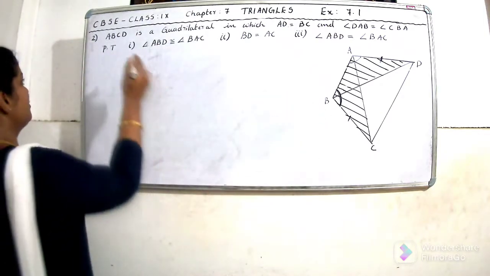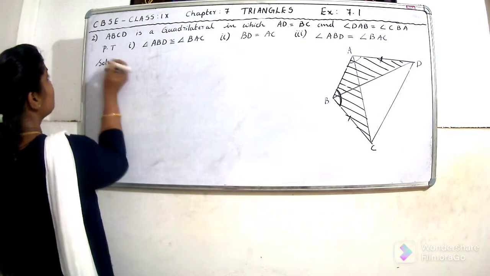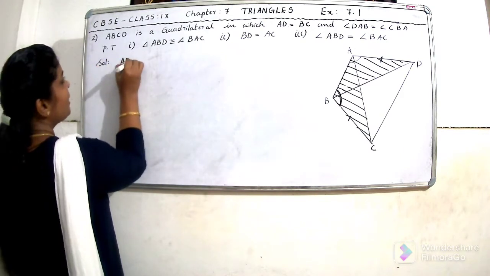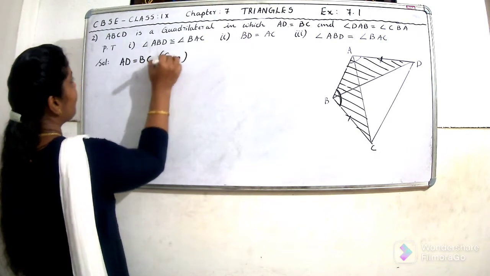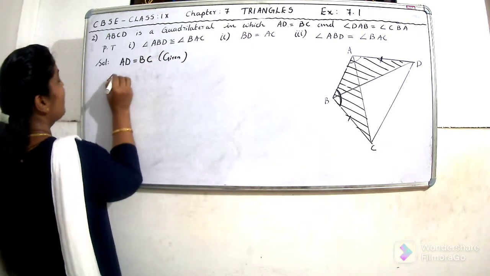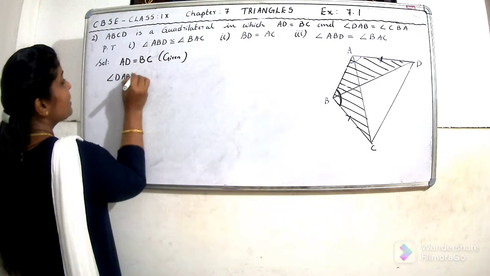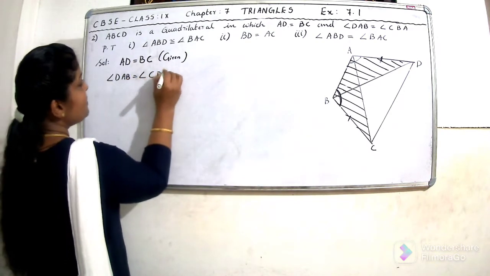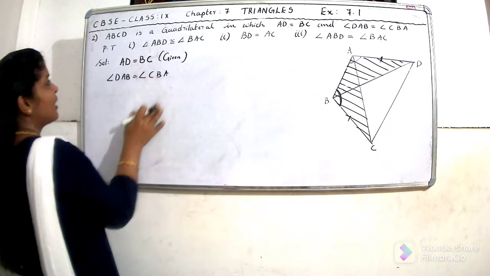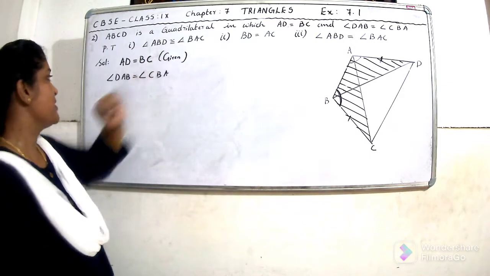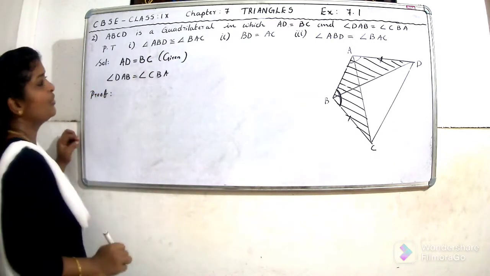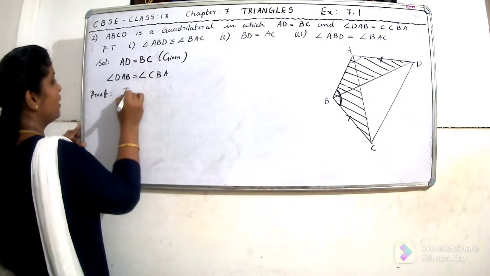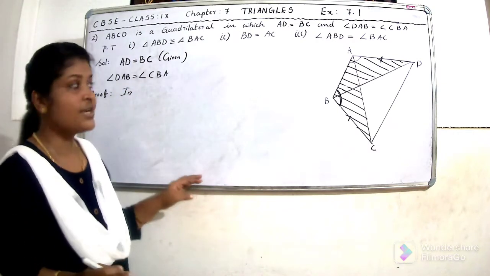So the information we are writing in solution. In solution, AD is equal to BC, given. Then angle DAB is equal to angle CBA, it is given. Okay, and what we have to prove is here. So we are writing proof. In triangle, whichever two triangles we are considering, we have to write.